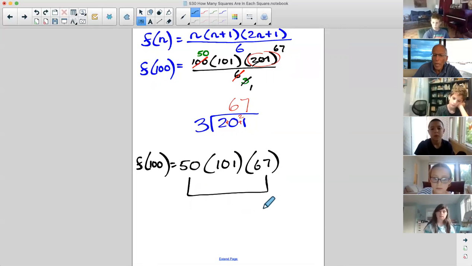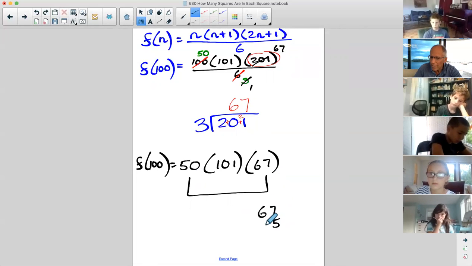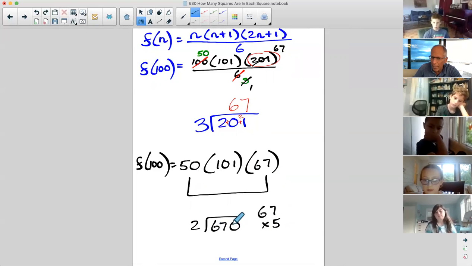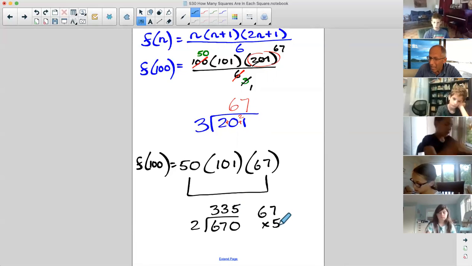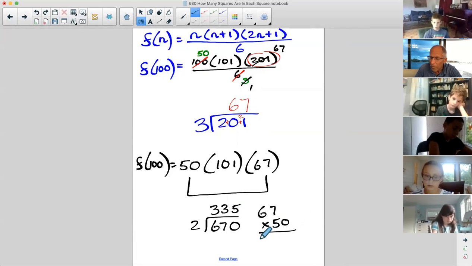Exactly. So when I do 67 times 50, guys, I just do 67 times 5, which is half of 670. You guys understand that? I multiply by 10, I cut it in half, I get 335, but don't forget, it's not 5, it's 50.